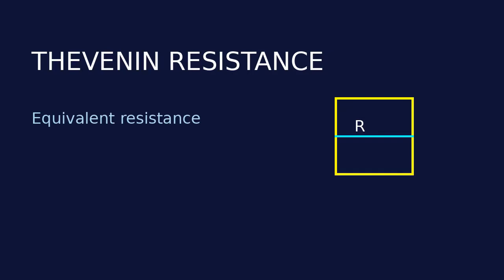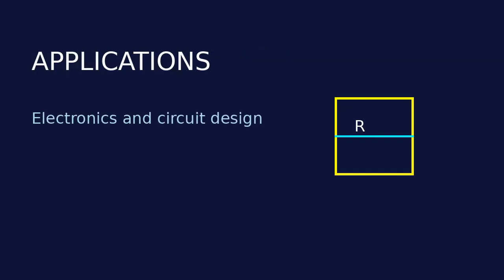VTH is 7.2 volts in this example. Now calculate RTH. Short V1 and V2 from A to B. R1 is in parallel with R2. One end of R1 is grounded due to the V1 short, the other end goes to A. R2 is between B and ground due to the V2 short. R3 is between A and B. So the Thévenin equivalent will be 7.2 volts in series with 2.2 ohms.